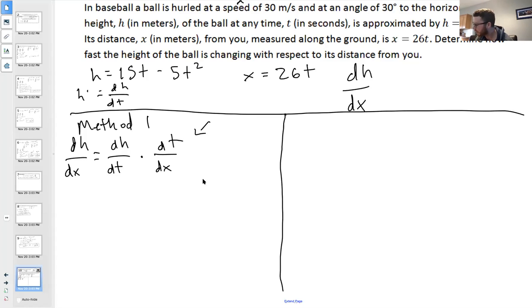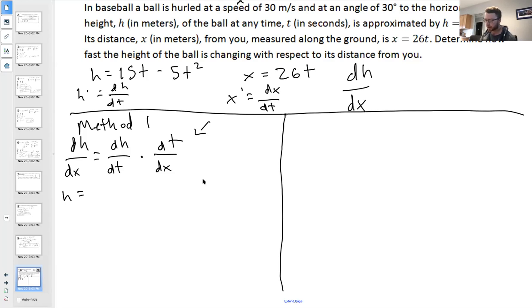Over here for x is equal to 26t, we're taking the derivative of x with respect to time, because time is also our variable there. Hopefully we are all good up to that point, and if not, just save your questions for the end. I'd be more than happy to go over this with you guys.